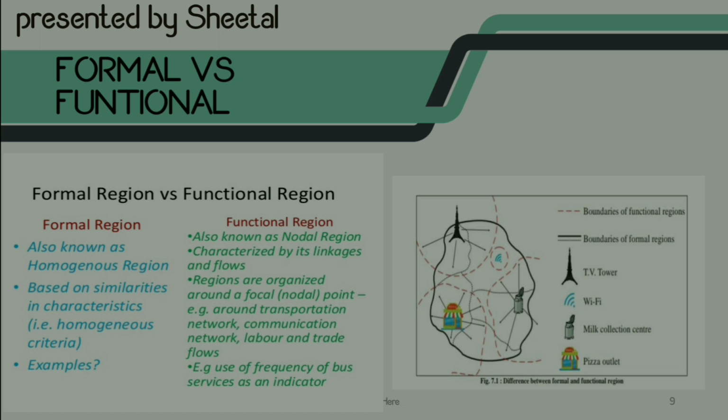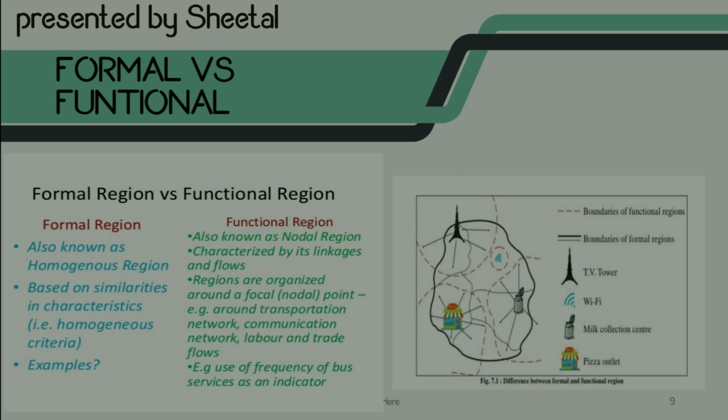Whereas in the functional region, regions are organized around a focal node point, around a transportation network, communication network, or labor and trade flows. In the figure you can see the functional regions and the formal regions, and their boundaries.